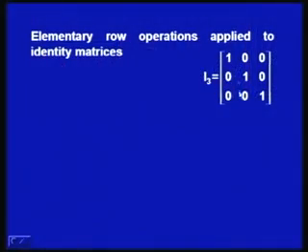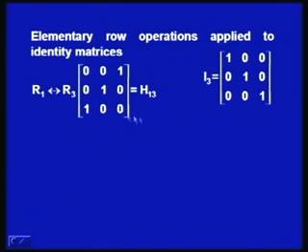Now, when these elementary row operations are applied to an identity matrix, let us say I consider I3, that is a 3 by 3 identity matrix, and I apply the operation R1 interchange R3. When I interchange the first row with the third, this one will come here and this one will come here.